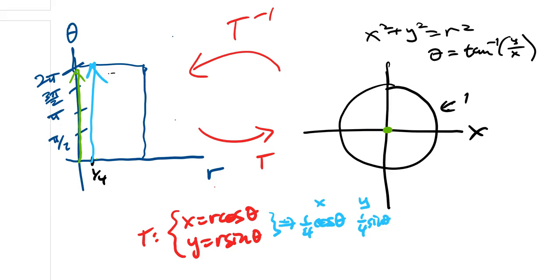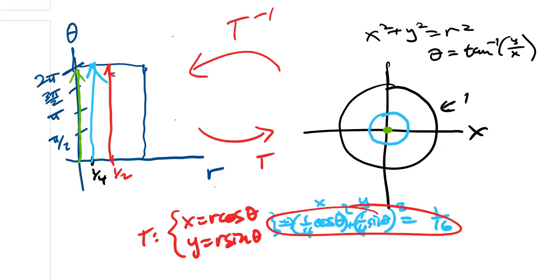And so when you square these and add them, you get 1/16. So you get a circle of radius 1/4, like that. Just square them and add them.